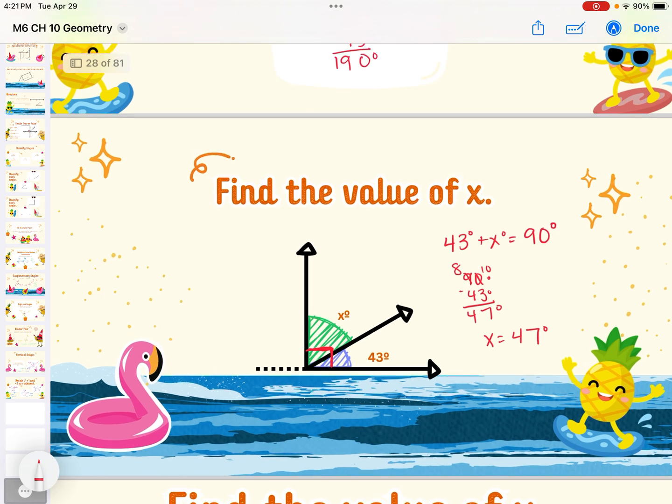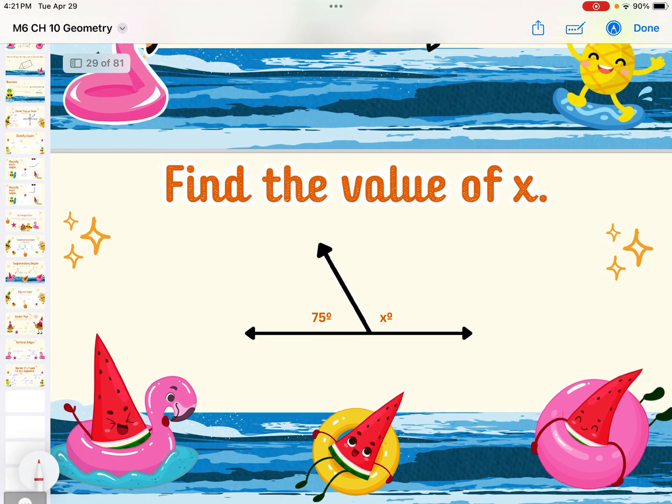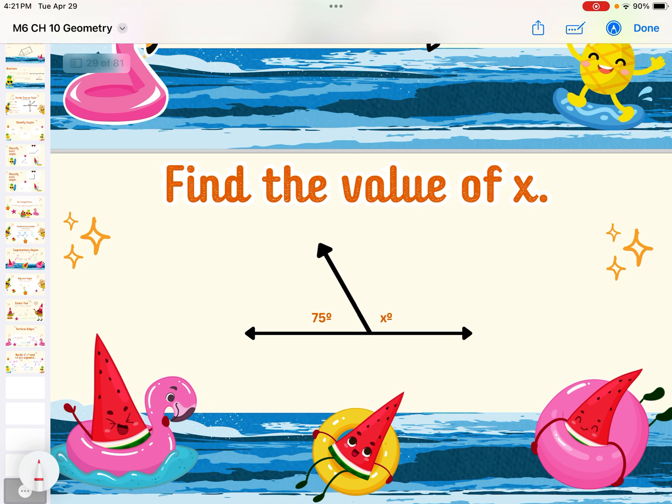So then in this next one, these angles are adjacent, so that makes them supplementary. They're a linear pair. So we know that supplementary angles add to 180 degrees. So we have 75 degrees plus x degrees equals 180 degrees.